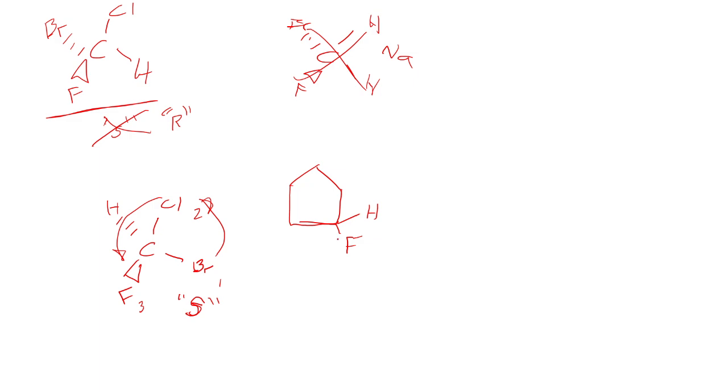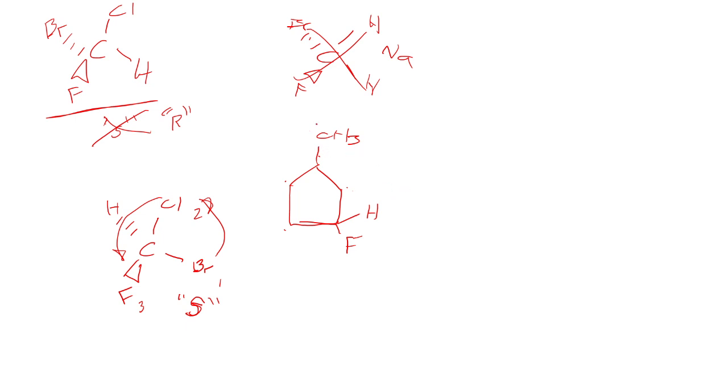So if you have a ring like this, again, that's going to be chiral, isn't it? Because you have a different number of carbons here. Let's put a CH there.